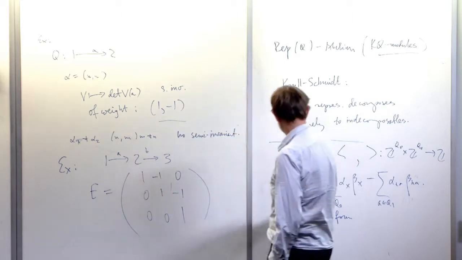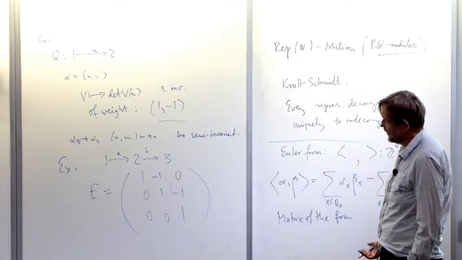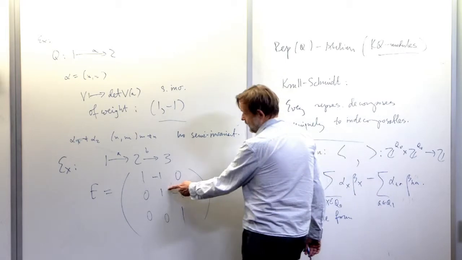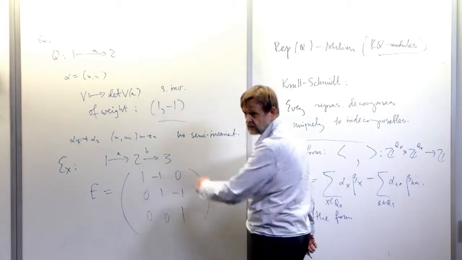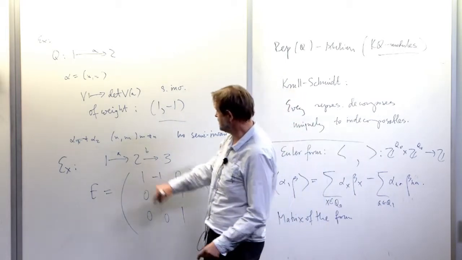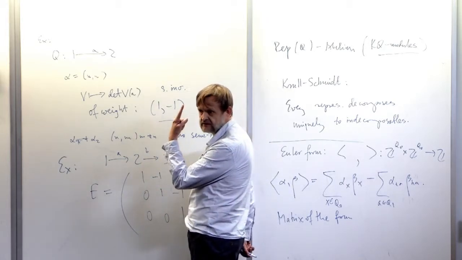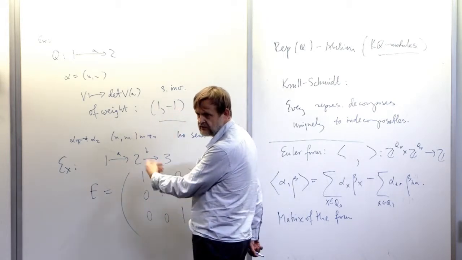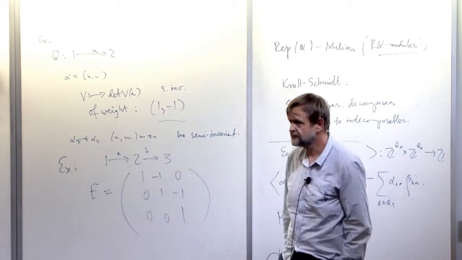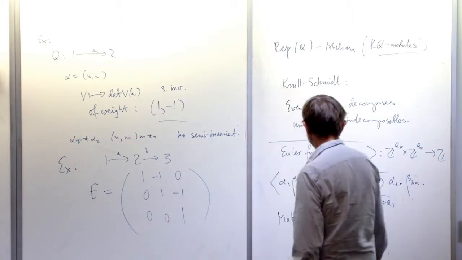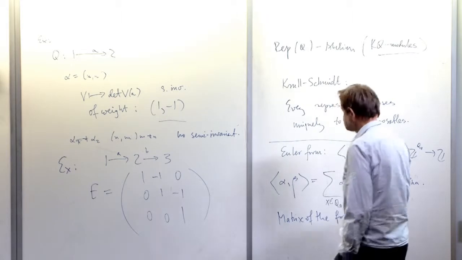So that's the matrix of this Euler form. Since there are no oriented cycles, for each (i, j) and (j, i), at least one of them will be 0. So there will be no ambiguity of any kind. So that's this Euler form.